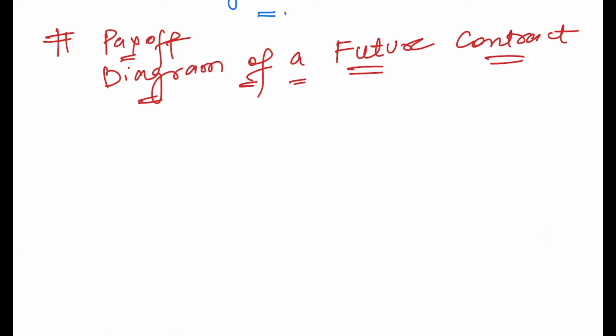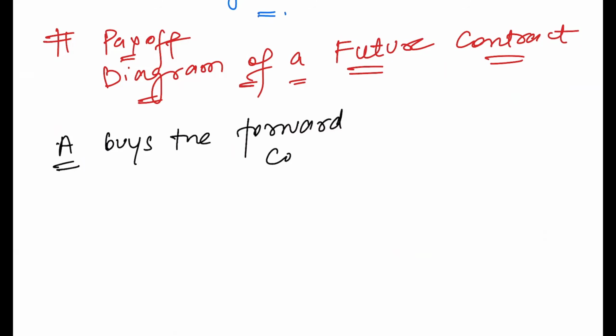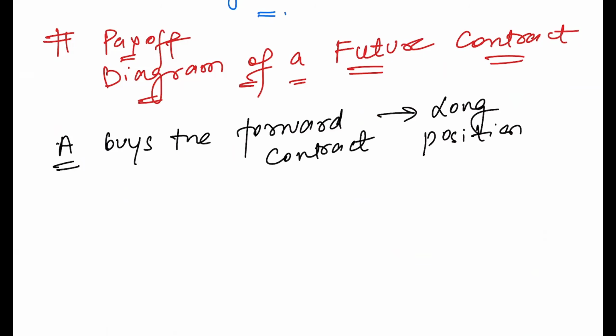That's how the transaction happens. When we say party A buys the forward contract, it means party A is in a long position. Long position refers to buy. Remember this.